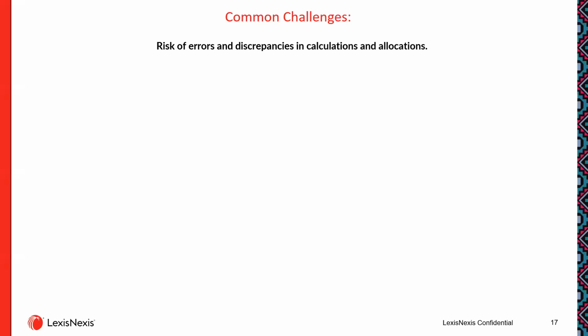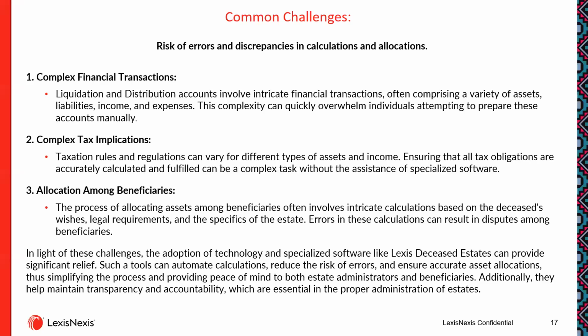Another challenge we face is the risk of errors when we do the calculations and the allocations. So we're dealing with complex financial transactions, and the liquidation and distribution account often comprises a variety of assets, liabilities, incomes, and expenses. So this complexity can quickly become overwhelming when attempting to prepare this account manually.